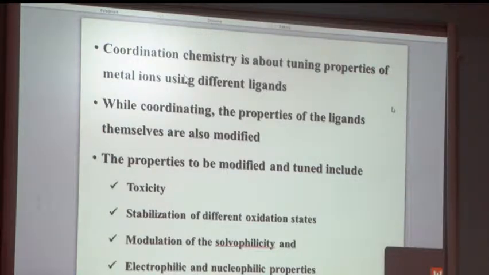We can produce compounds with the desired property. Now, during the coordination, not only the property of the metals is modified or tuned, but the ligands or the molecules are also modified.